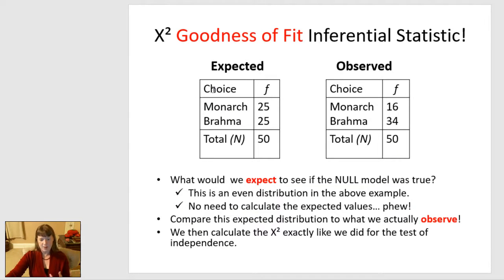Here, we compared the goodness of fit. We compared the null hypothesis model to the observed alternative model. We calculated our test statistic of 6.48, compared that to 3.84, and so rejected the null hypothesis.